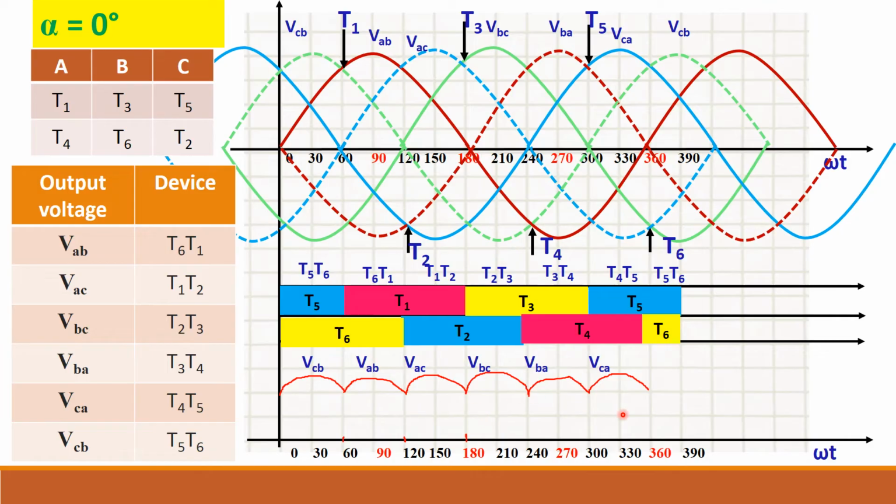So this is the output waveform. Whether you know to draw it or not is not a big issue in three-phase converter. If you know to write this table, you simply draw this one and mark the variables. So your output will be this one.